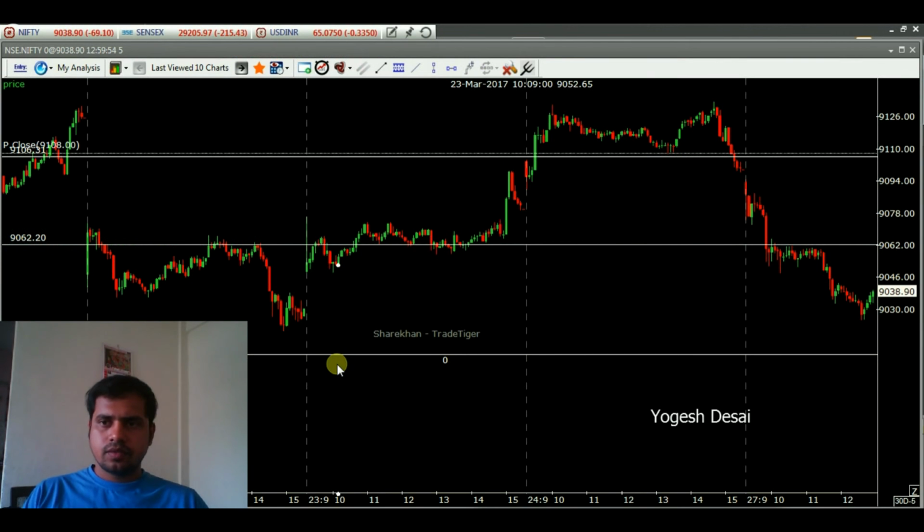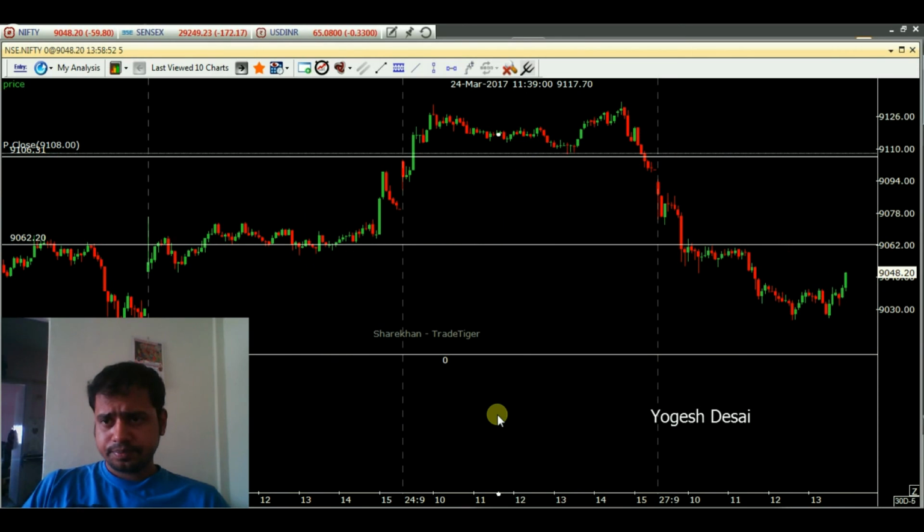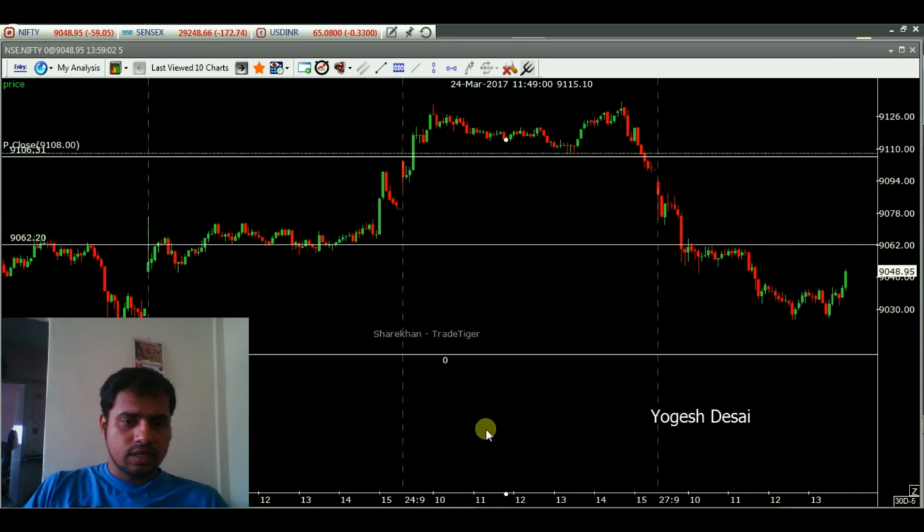Around 10 to 15 points up from my purchase of the Nifty call option, and the call option is now at 78 rupees. We bought it at 70 rupees 90 paisa, so around 7 to 8 rupees profit.